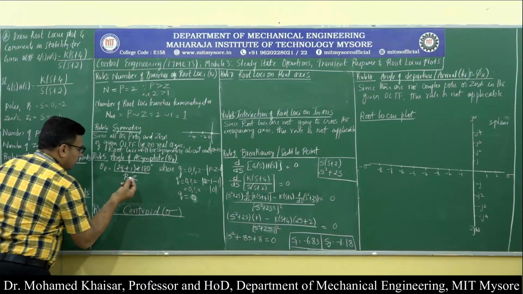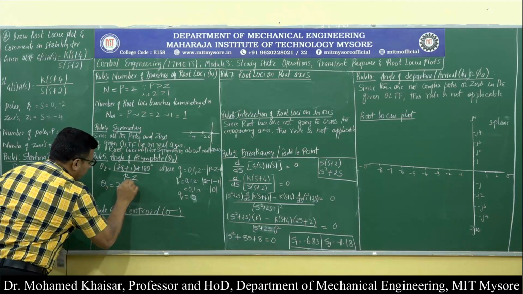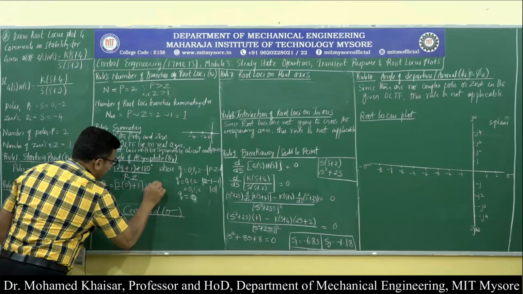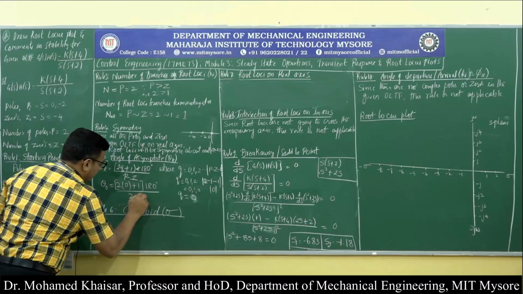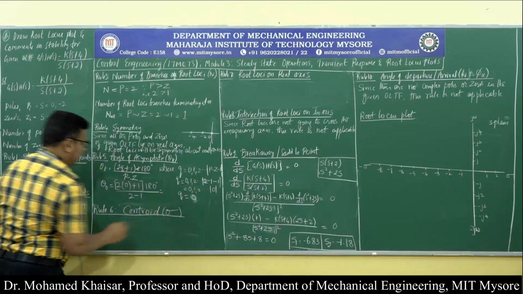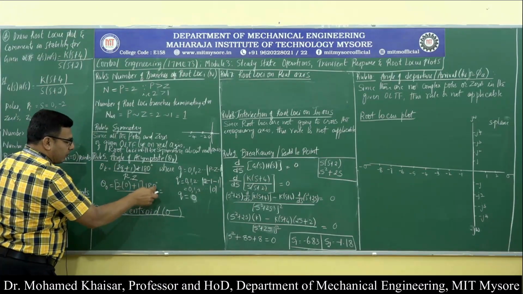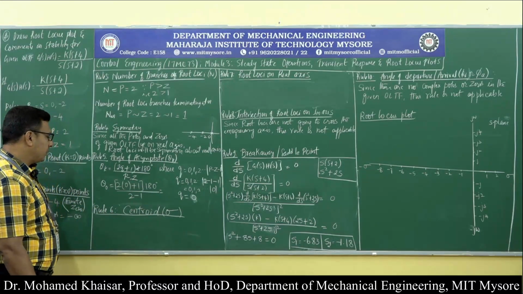So theta at 0 will be equal to (2 into q, where q is 0, plus 1) into 180 degrees divided by the number of poles, 2, minus the number of zeros, 1. This is given by (2 into 0 plus 1), so 1 into 180 by 2 minus 1, that is 1.